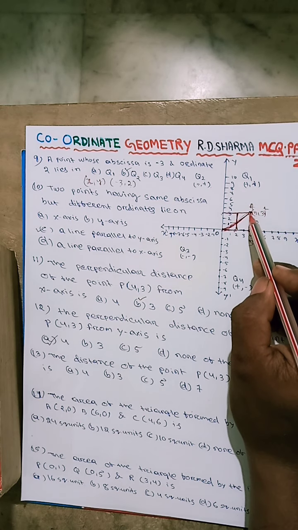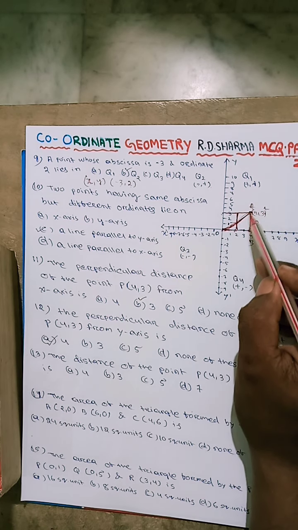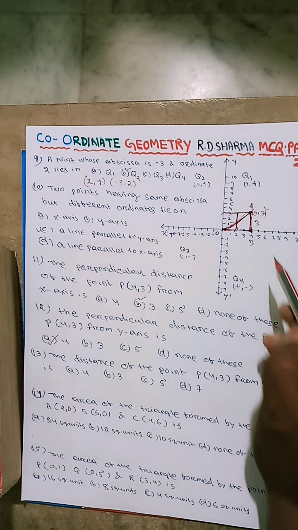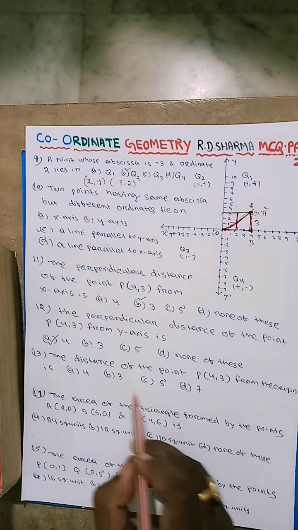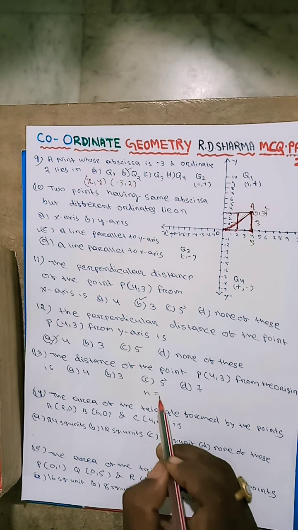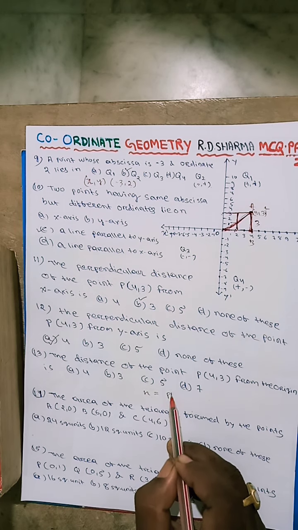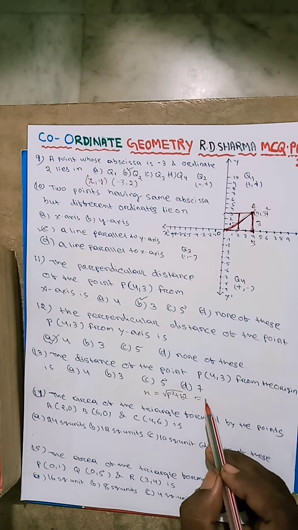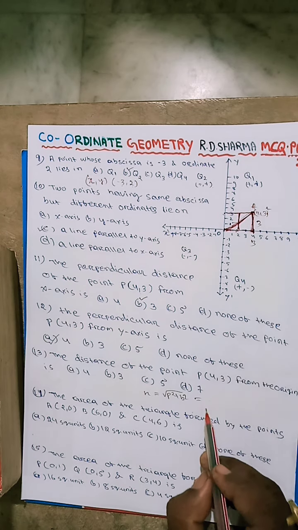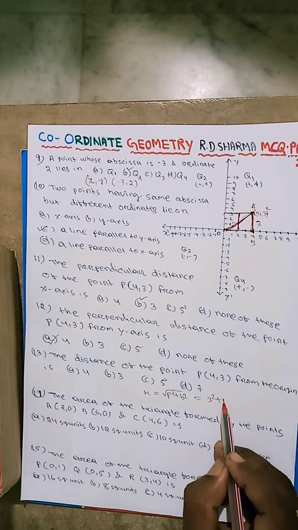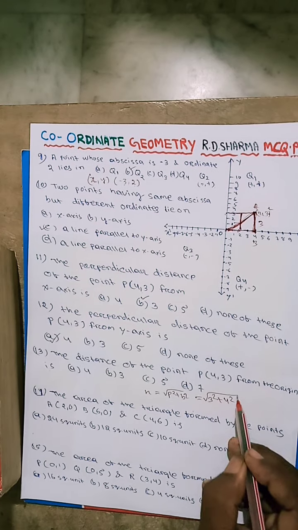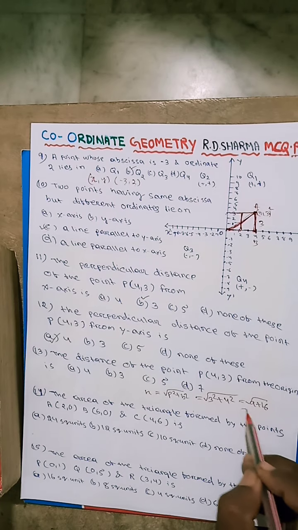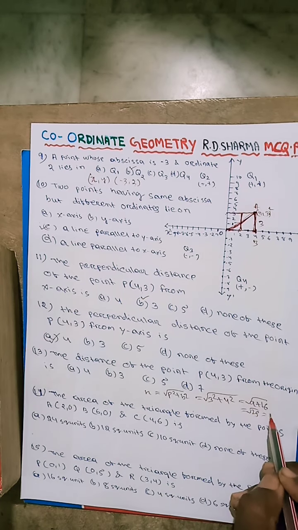So the distance between the points A and O is equal to the hypotenuse of the right angle triangle. So H is equal to the square root of P squared plus B squared, which is the square root of 3 squared plus 4 squared. That means the square root of 9 plus 16, the square root of 25, equal to 5.